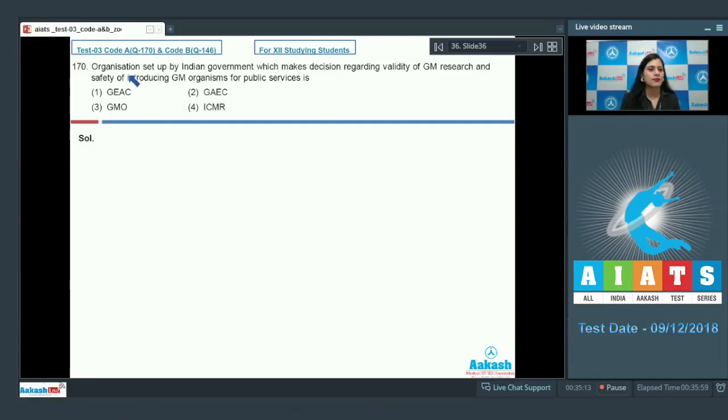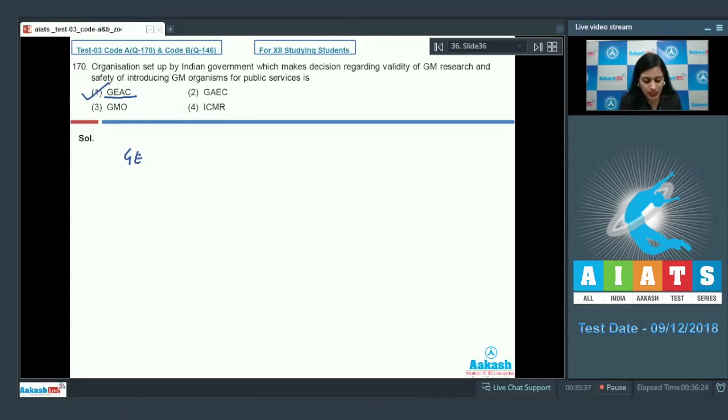Question number 170. The organization set up by the Indian government which makes decisions regarding validity of GM research and safety of introducing genetically modified organisms for public services is. And this is a direct question, and the correct answer for this question is option number 1, that is GEAC.